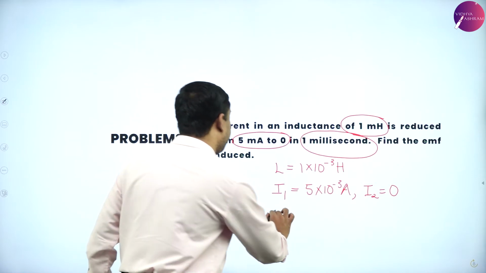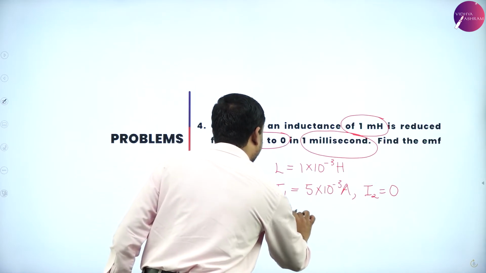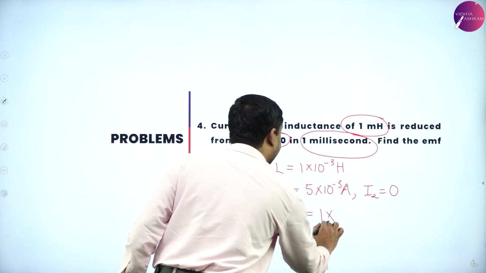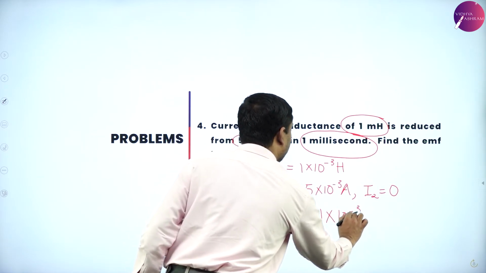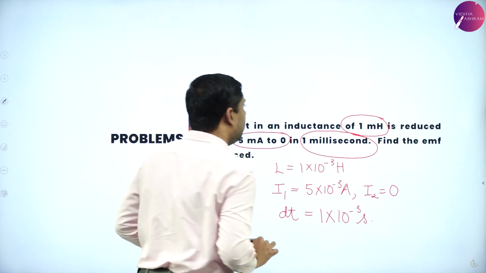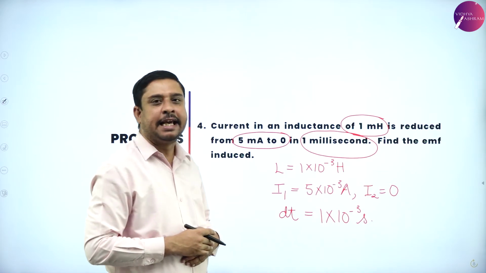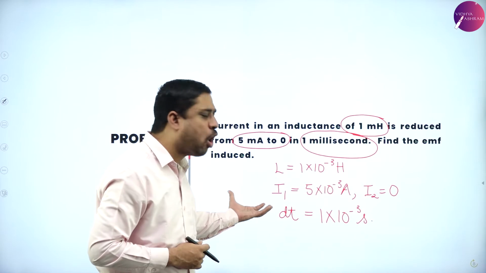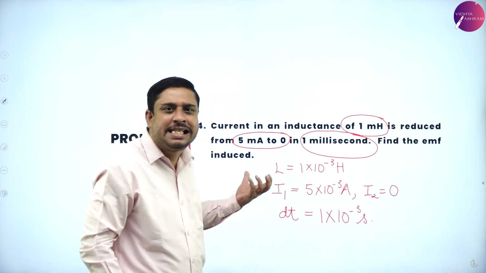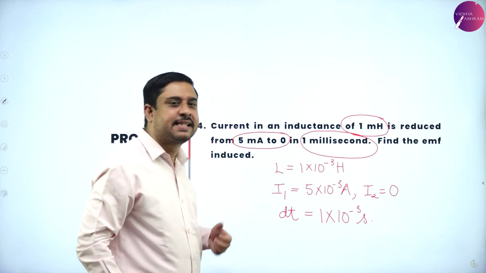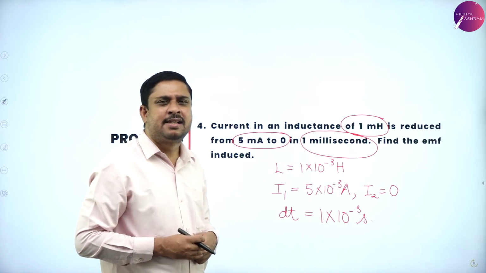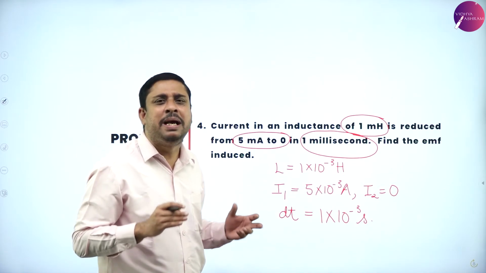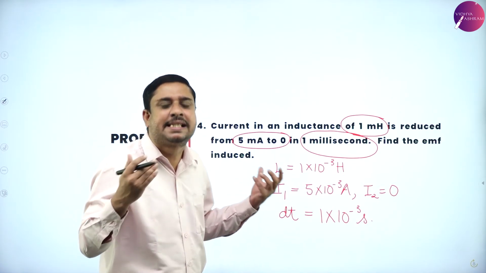And this happens in dt of 1 millisecond. We have to find the EMF induced. The same problem as we did in the previous case, but here some powers are given: millihenry, milliseconds.